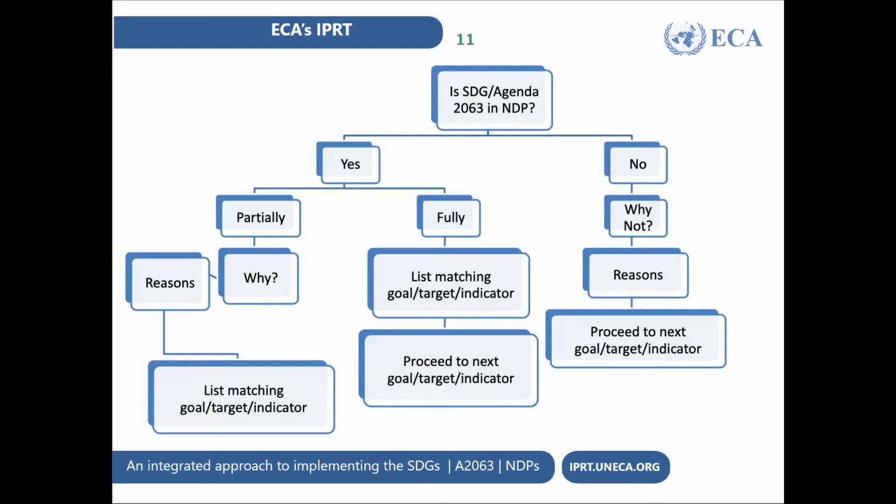Then the answer can be either yes or no. If yes, whether that goal is fully integrated or partially integrated. If it is partially integrated, then the toolkit keeps asking, why partial? Why not fully integrated? Then it provides some kind of reasons. Is it because of lack of data? Is it because of lack of indicator? And so on.